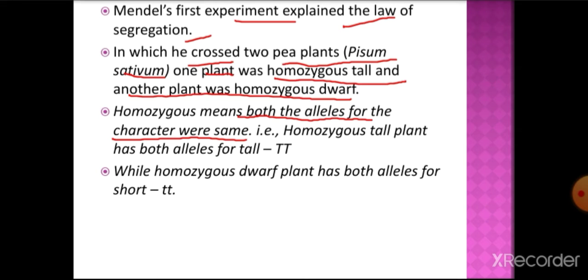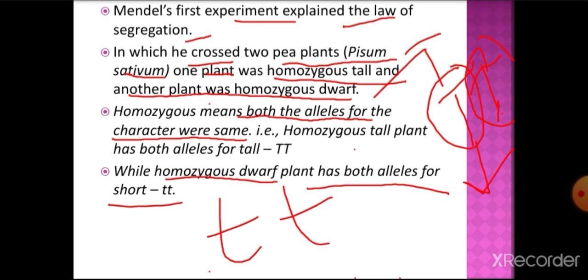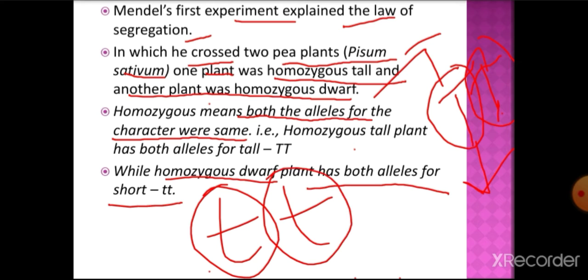So if it's homozygous tall, then it will have TT, capital TT. So both the alleles, this T and this T, are same for the character of height. While the homozygous dwarf plant will have tt, both alleles for short. Both the alleles will be same for dwarfness.